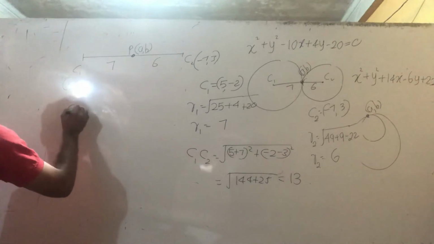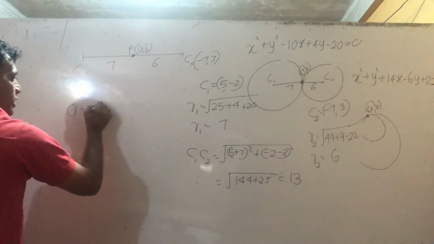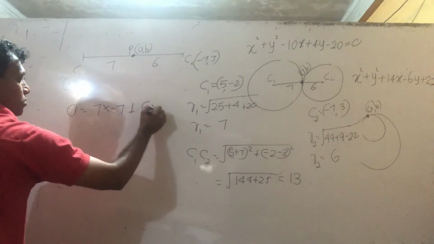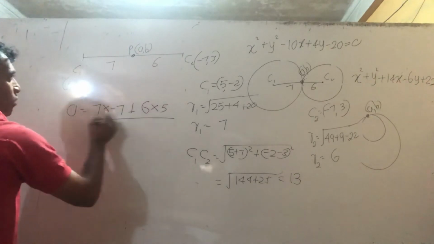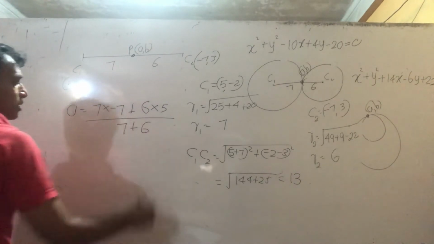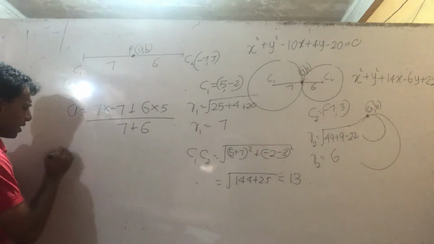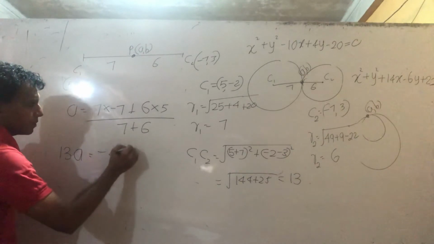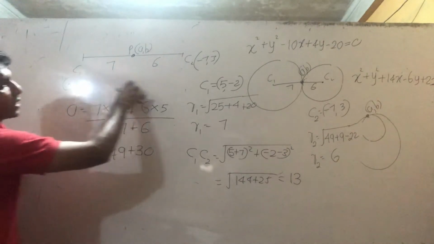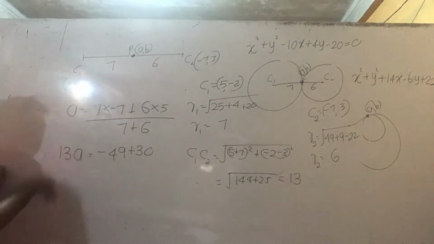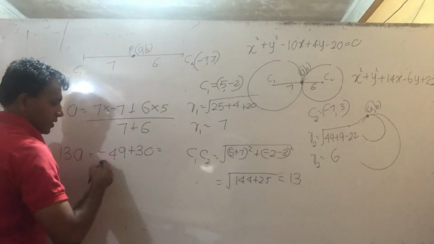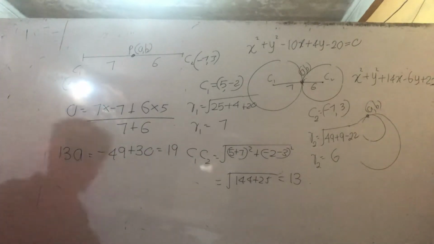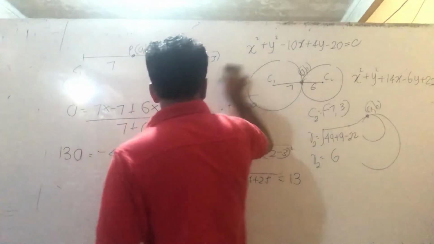A is 7 into the x coordinate plus 6 into this x coordinate, over the sum of the ratio, 13. So 13A equals minus 49 plus 30. Check with me: 7 times minus 7, 6 into 5. So minus 49 plus 30, which is minus 19. 13A is minus 19.